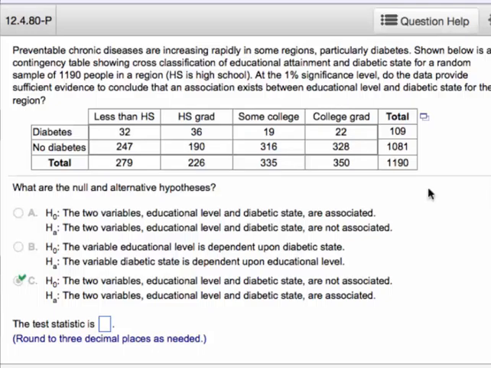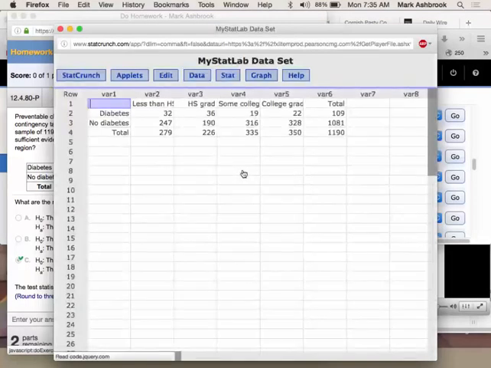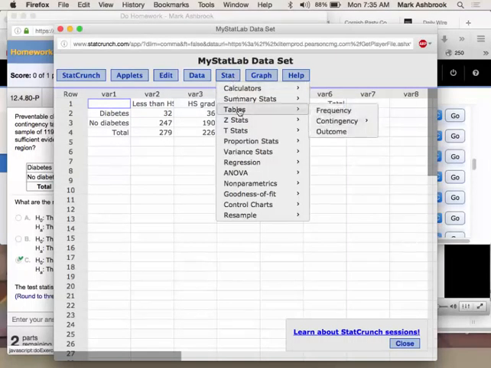Okay, so we're going to go to StatCrunch. Okay, and so here's our data, and we know that we're going to do a table, right? Stat, table, contingency, with summary.